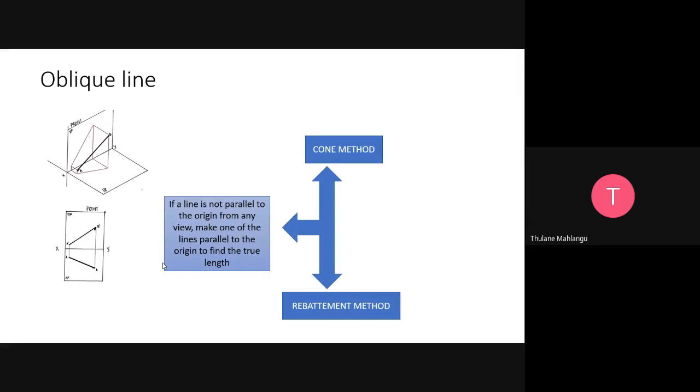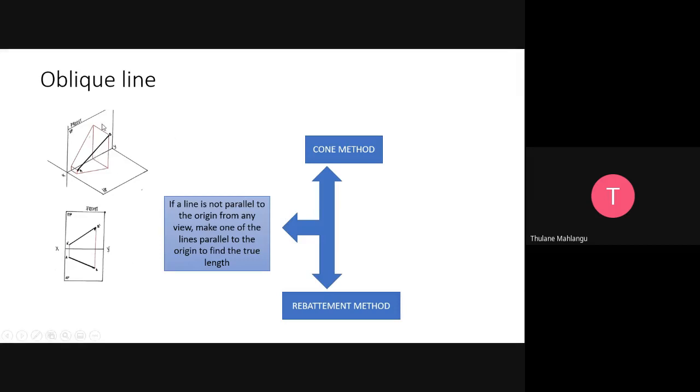So moving to the oblique line. The oblique line is that line CD on the previous line, which is not parallel to the XY from the front view and also not parallel to the XY from the top view. That's an oblique line.